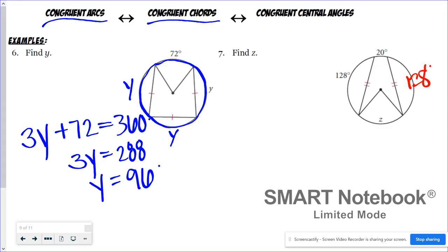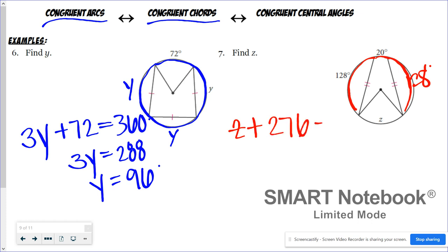Basically it's just like number 6, because I have 4 arcs, and all 4 arcs added together is going to be 360. So if I go 128 plus 128 plus 20, well, let's do that math right now. 128, there's 2 of those, plus 20 is 276.